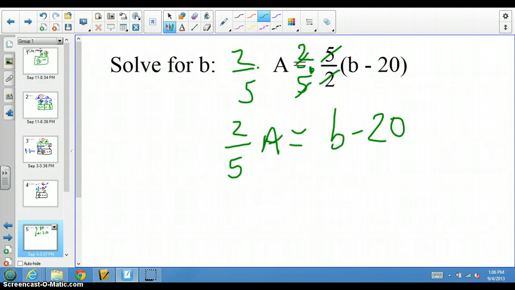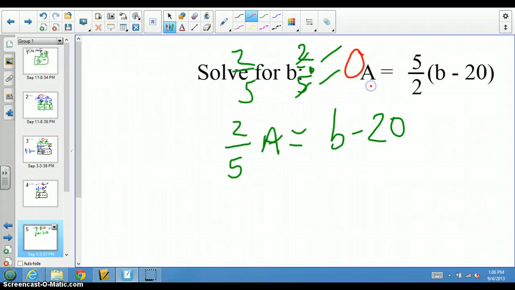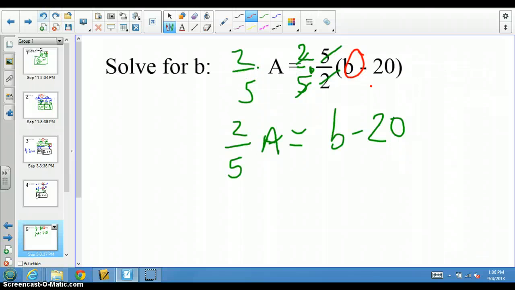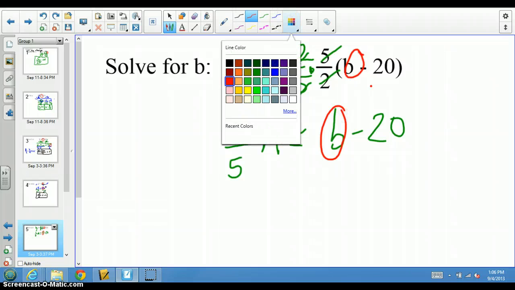Because our goal is to get b all by itself. So now, how do I get this b all by itself? I have to add 20 to both sides.